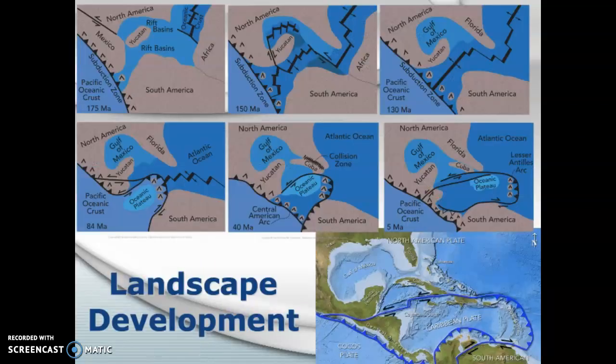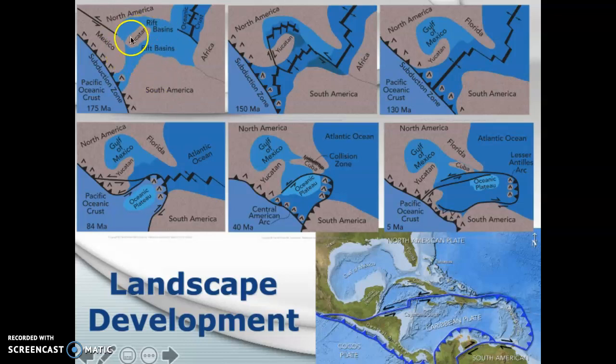There's another set of drawings in your book that show you the development of the Caribbean Sea and some of the islands that are there. You can see if you go back 175 million years ago, South America and Africa are still attached, but South America and North America are not. They're actually rifting apart.